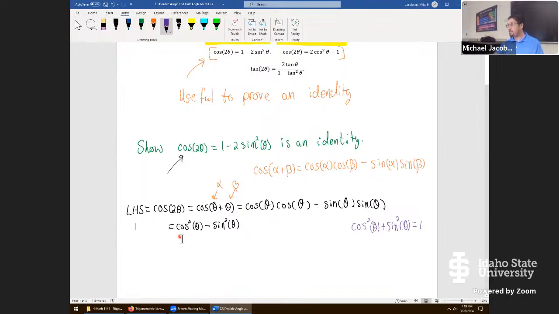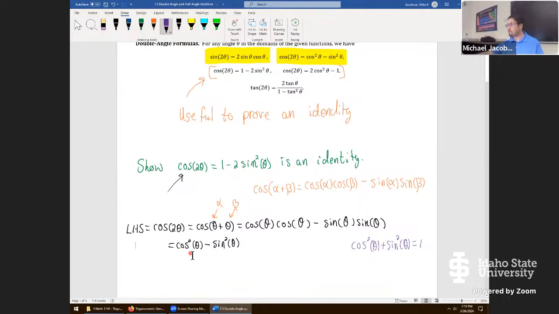No, we got negative sine squared, and this one's negative 2 sine squared.